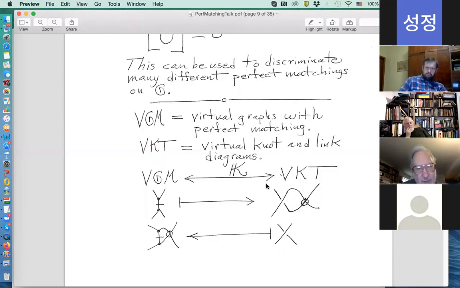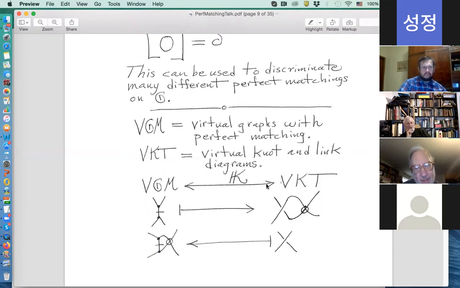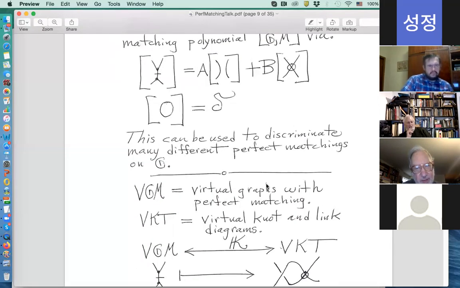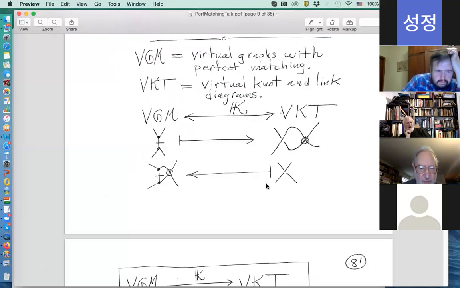We're going to associate to a graphical edge an ordinary crossing and a virtual crossing. So this will map the graph into a virtual knot diagram. And what will happen to our perfect matching polynomial when we do that? So let's watch.